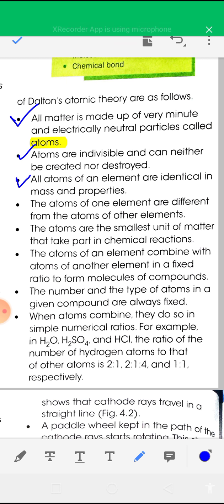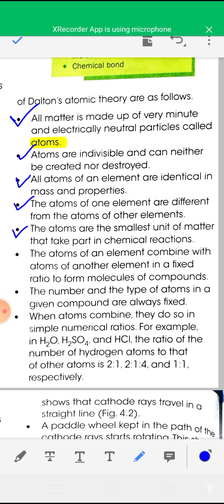All the atoms of an element are identical in mass and properties, and the atoms of one element are different from the atoms of another element.